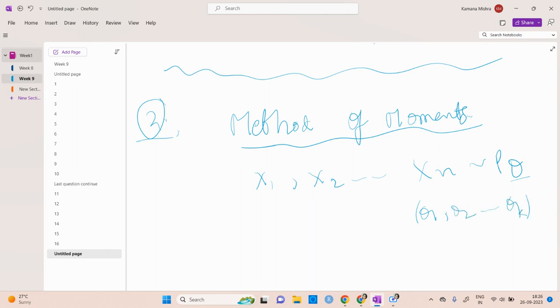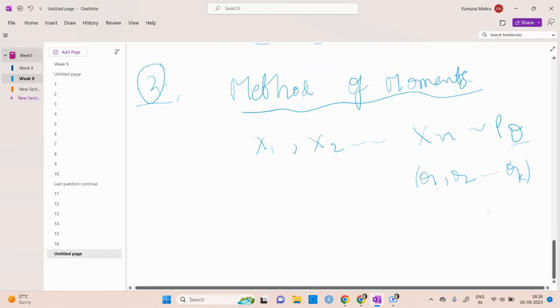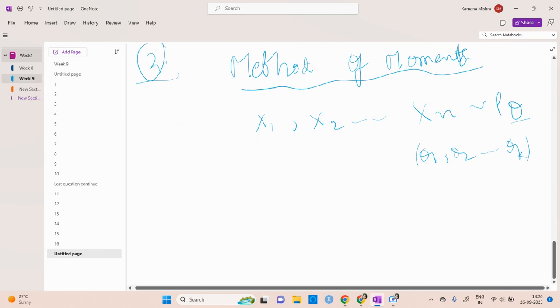These are the parameters. If you have a Poisson distribution, you have just one parameter, lambda. If you have exponential, you have one parameter, lambda. If you have binomial, you have two parameters, which are n, the number of trials, and p, the probability of getting the success.